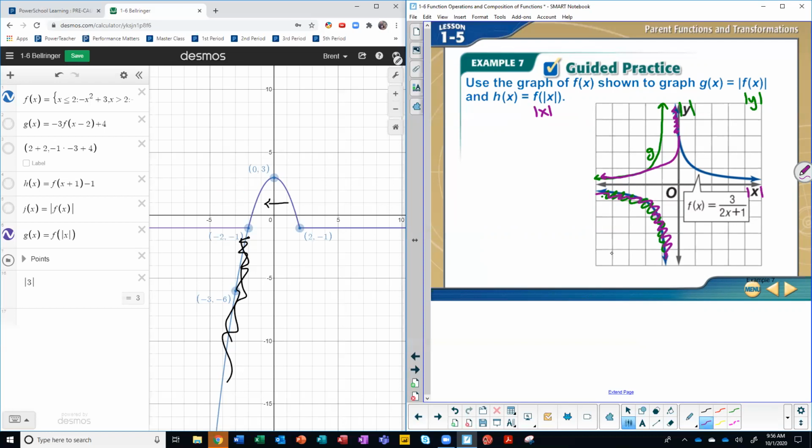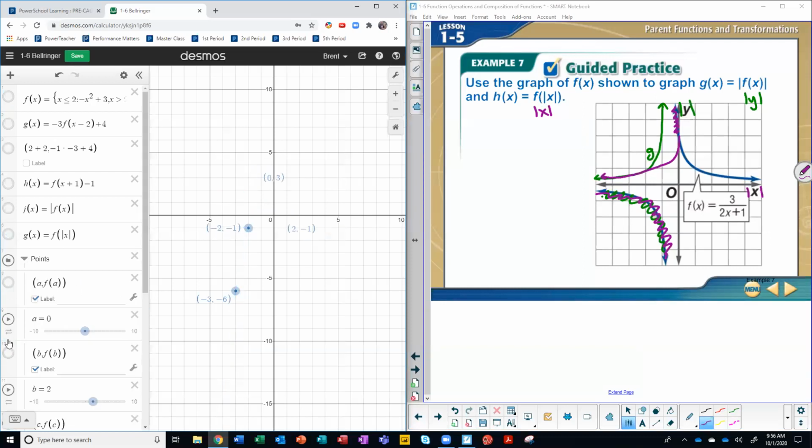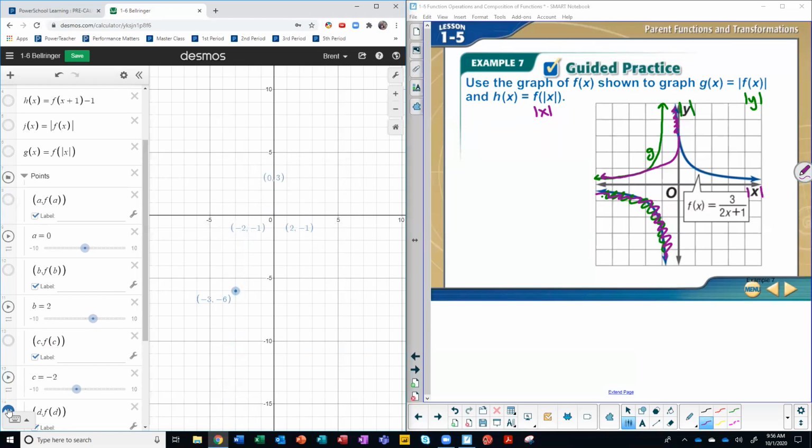The negative x's would disappear, and all you would have is the positive becoming negative. That's how your two graphs would look. So if you don't believe me, sorry, I got to take these off. We could type these in.